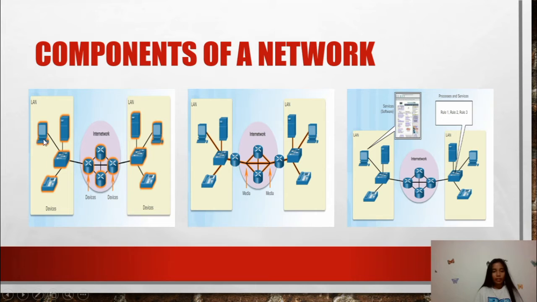This one is for the devices, the next one is the media, and this one is for the services. The path that a message takes from a source to a destination can be as simple as a single cable connecting one computer to another, or as complex as a collection of networks that literally spans the globe.